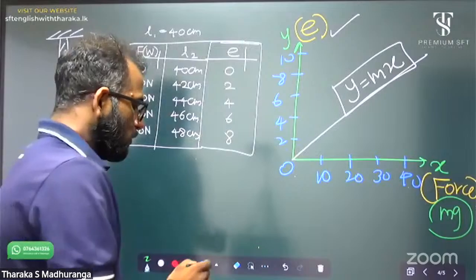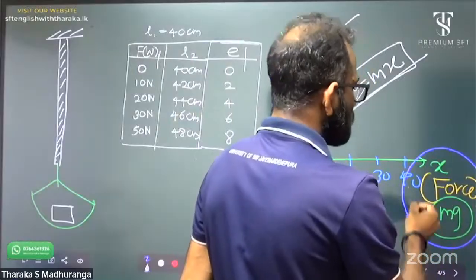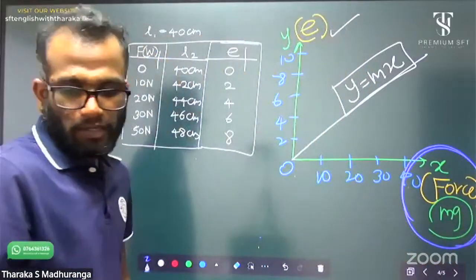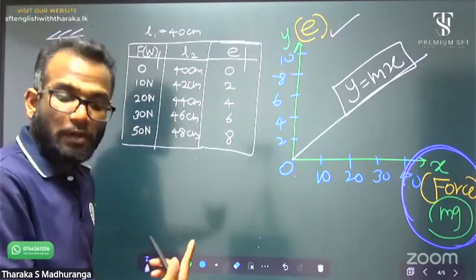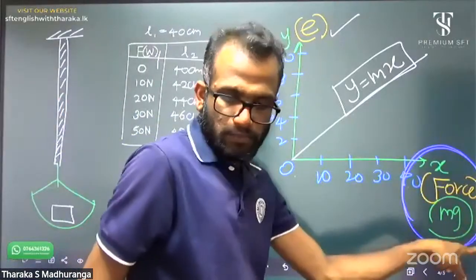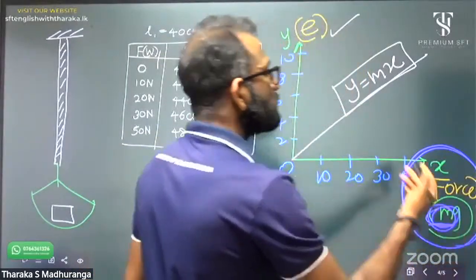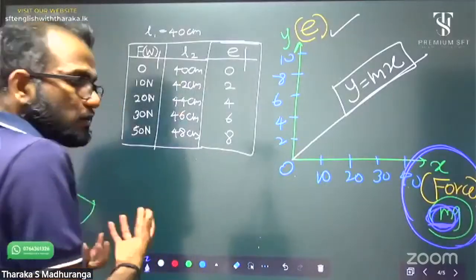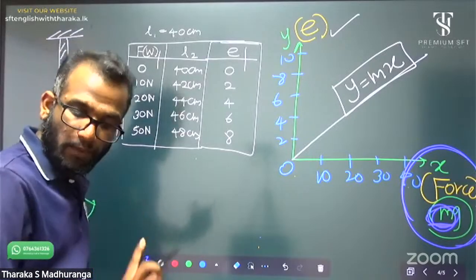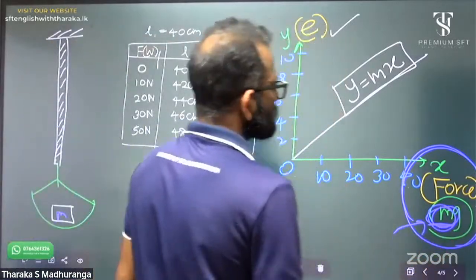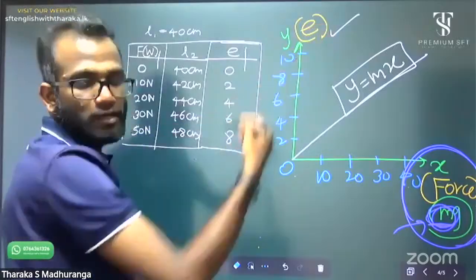The factor changed by us is called the independent factor. It does not depend on any factor. In this experiment it is m, or mg, the weight or mass of the substance, changed by us. The extension depends on the mass, so that is the dependent factor.